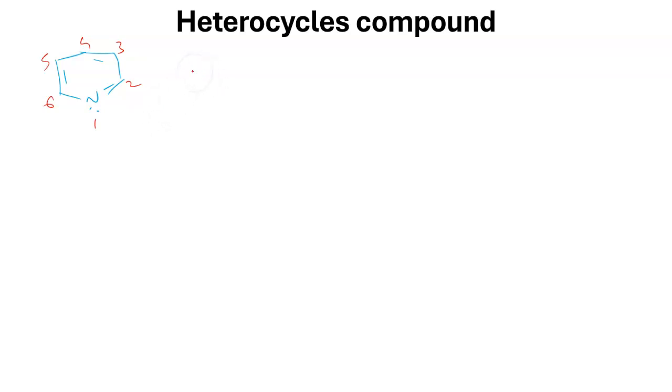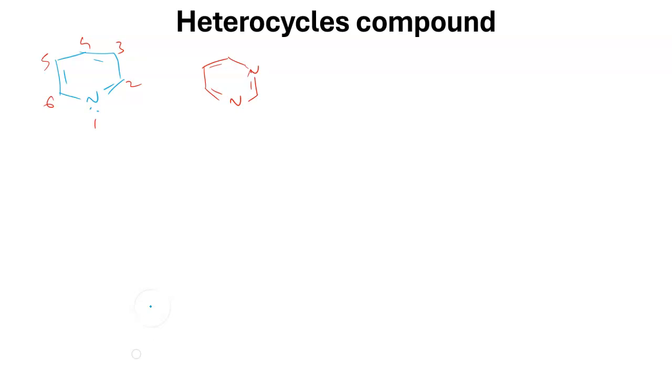Next, it will contain two nitrogens. There will be two nitrogens in that case. So this is a very important structure, and there will be no hydrogen on the nitrogen.